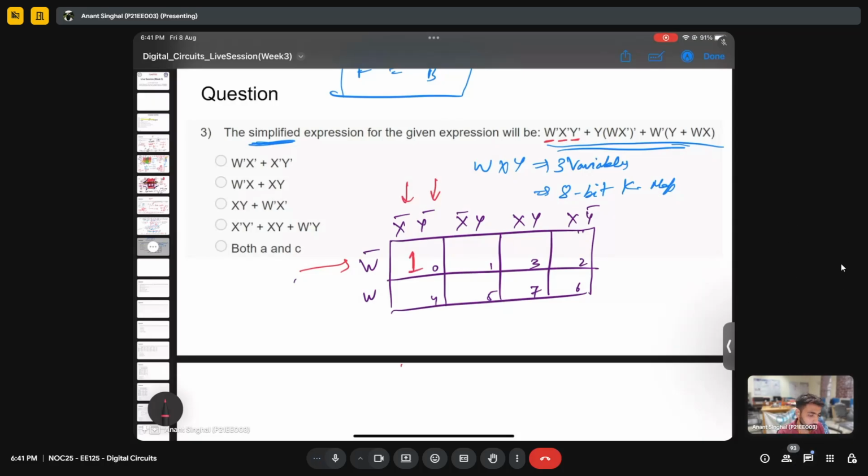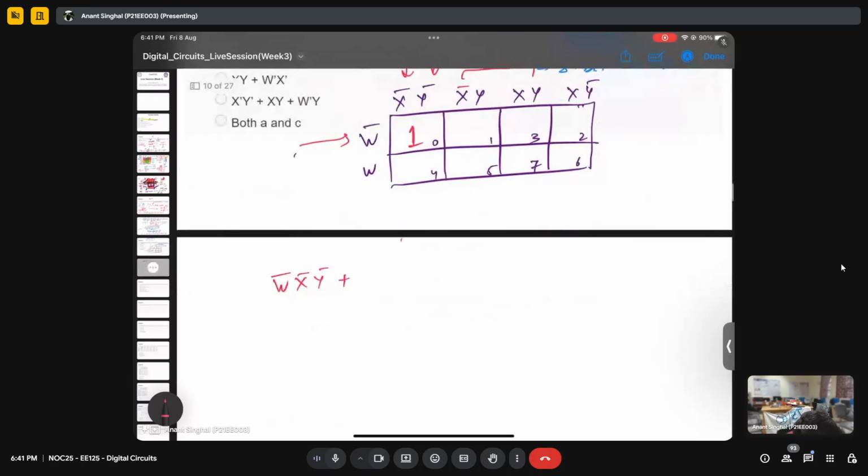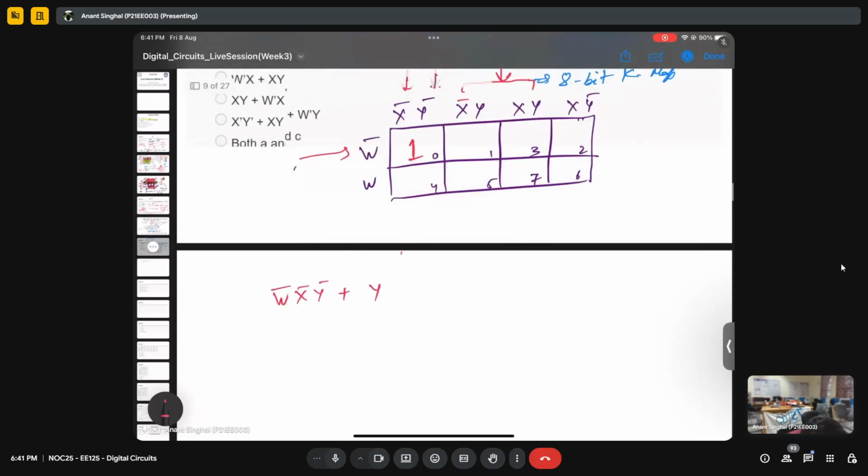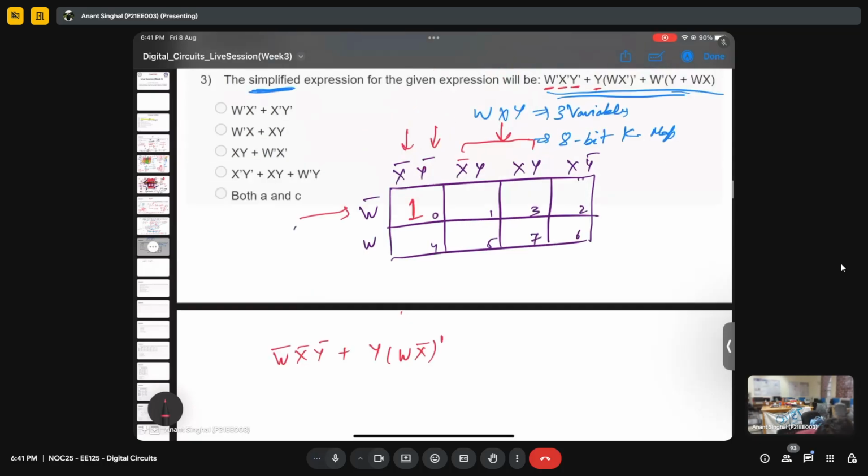Then we have Y times W X bar whole complement. I think I need to write it in a simplified way. W complement X complement Y complement is the first term. The second term is Y times (W X bar) whole complement.